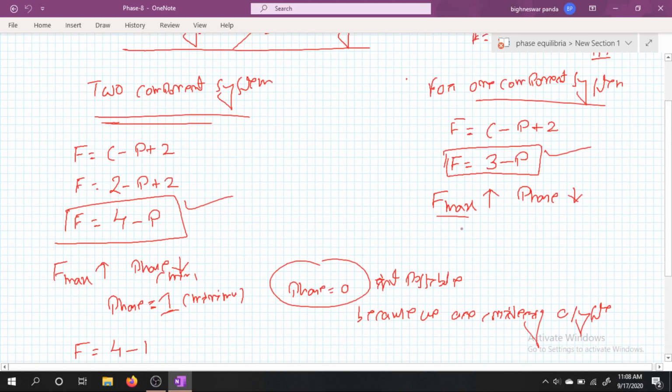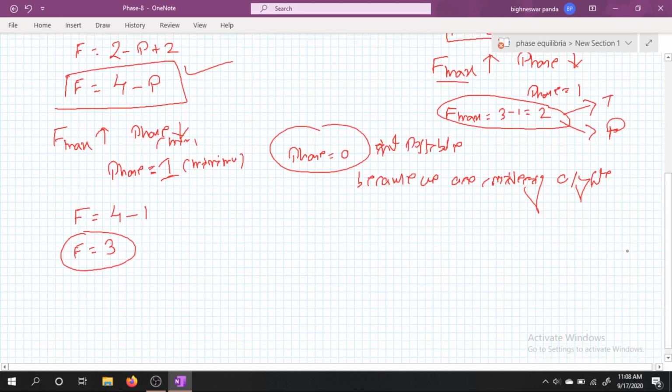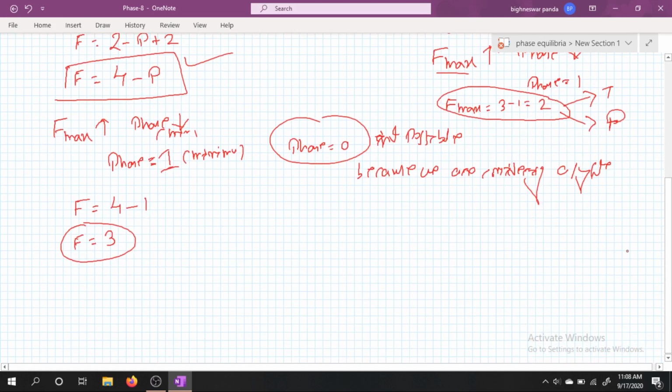For a one component system, with minimum phase equal to 1, F maximum is 3 - 1 = 2. The degree of freedom is 2, that means one is temperature, another is pressure. But for a two component system, with minimum phase, F is equal to 3, so we have to consider 3 degrees of freedom. One is temperature, another is pressure, and another is concentration.